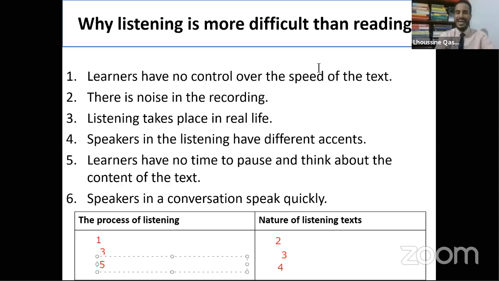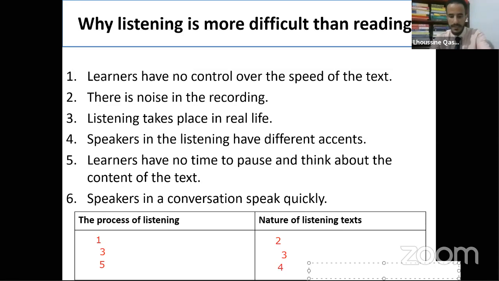Conversation is a text. So it's number 2. Okay. So number 6. Great. So these are some challenges, some problems that both teachers and students may face. Okay, great. So let's move on to the next one.